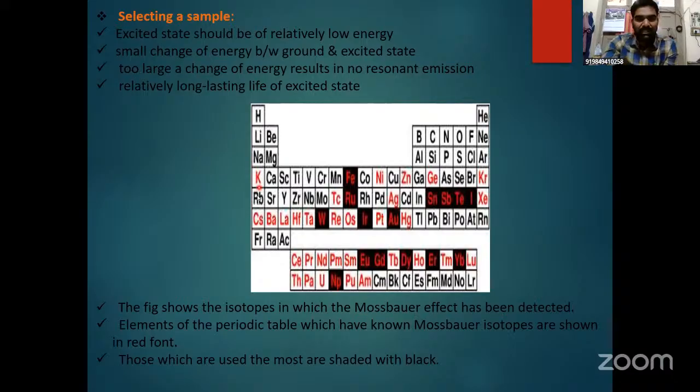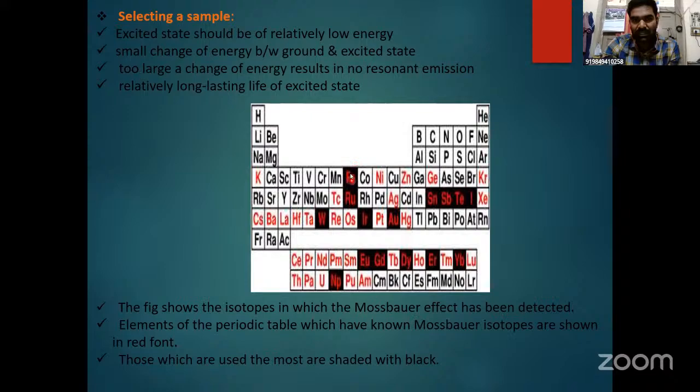Here the elements in red font, like K, potassium, iron, nickel, zinc, germanium, krypton, ruthenium, Ag is silver, tin, bismuth, tellurium, iodine, and tungsten, are all used as Mossbauer isotopes.